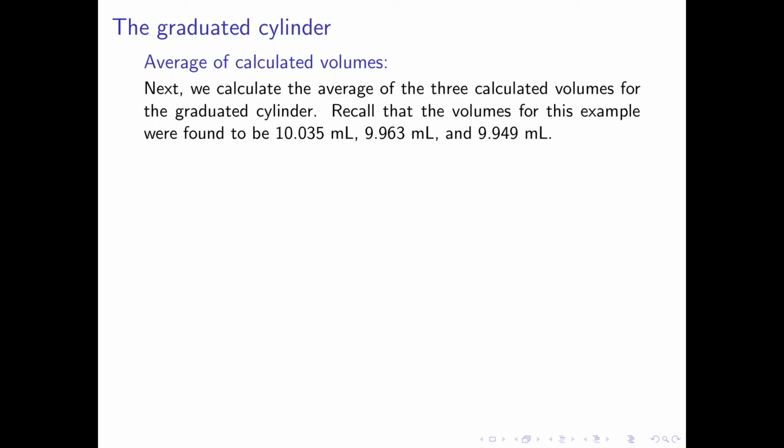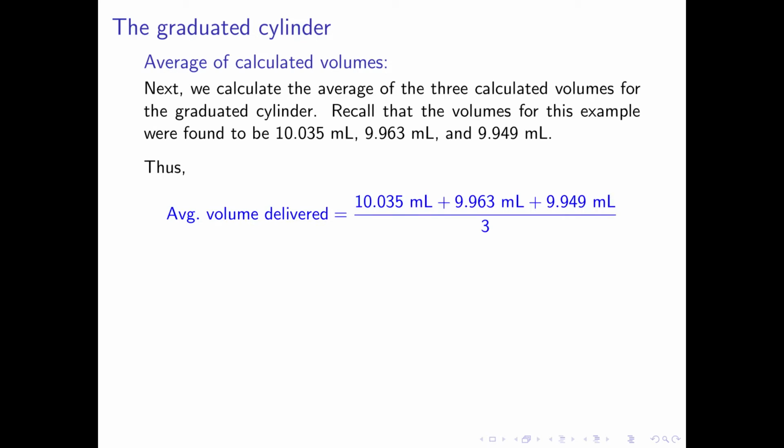Recall that the volumes for this example were found to be 10.035 milliliters, 9.963 milliliters, and 9.949 milliliters. Therefore, the average volume delivered is 10.035 plus 9.963 plus 9.949 milliliters divided by 3, which gives 29.947 milliliters divided by 3, or an average volume of 9.982 milliliters.